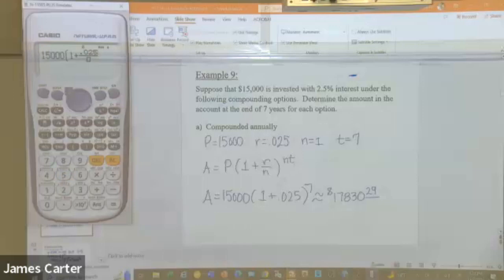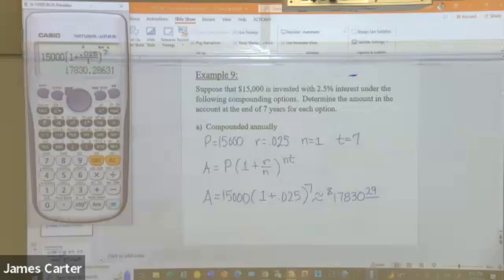Use the arrow key to get down to the denominator, over 1 in this case. Because it's 1, I wouldn't have really had to do that. Now I'm going to get out of that fraction, put a parentheses, and put a power of. Now, if I wanted to put 1 times 7, I could, but it seems kind of unnecessary.